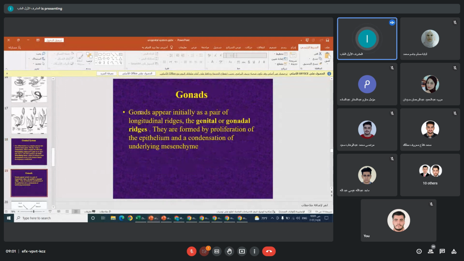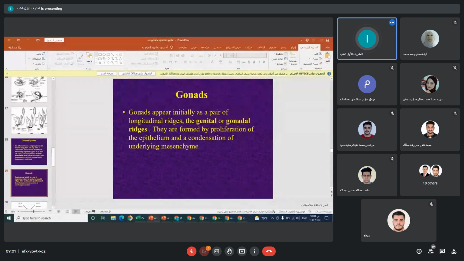The gonad appears initially as a pair of longitudinal ridges called gonadal or genital ridges. They are formed by proliferation of the epithelium and condensation of underlying mesenchyme. So we have a first ridge, a pair of ridges containing epithelium and mesenchyme, like any other structure.